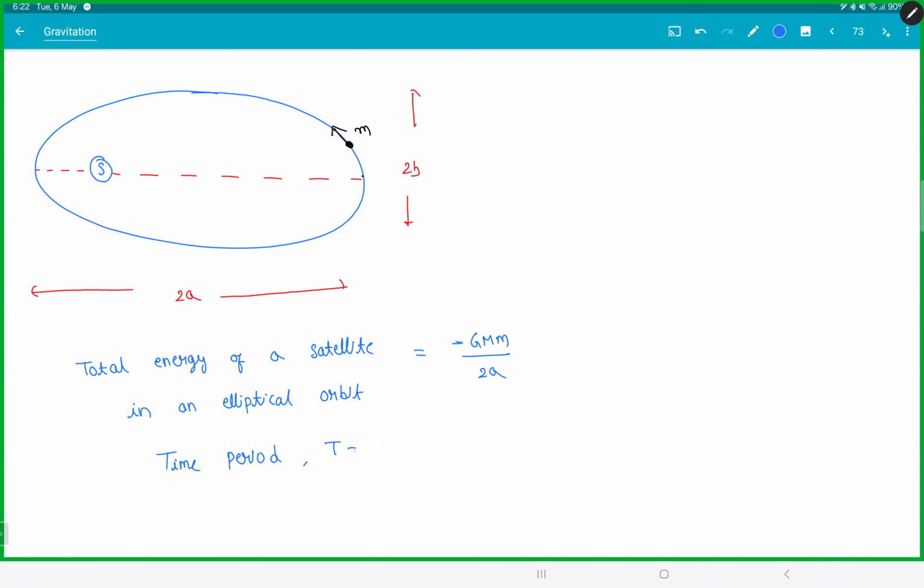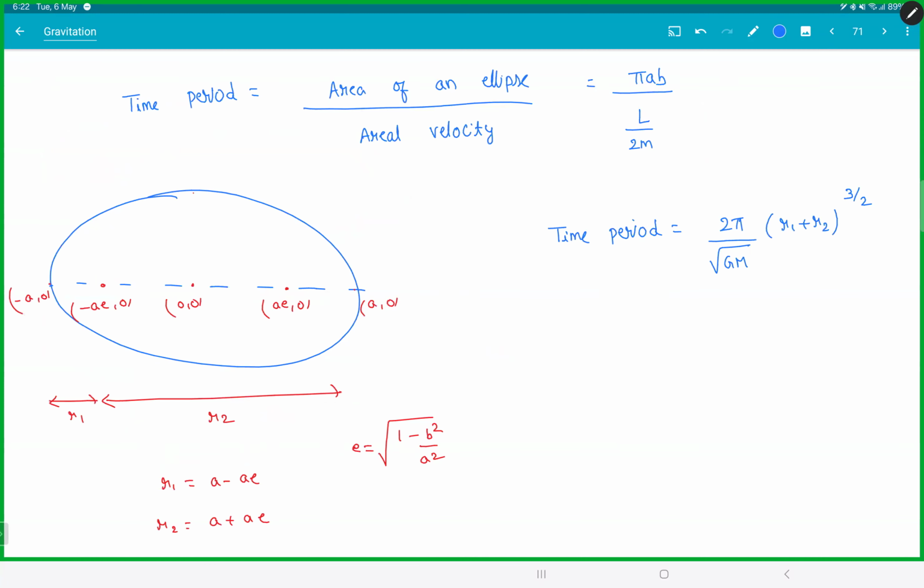The time period T is given by 2 pi root over GM times a to the power 3 by 2. I think this will come out to be (r1 plus r2) by 2.